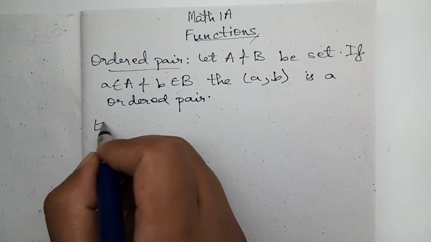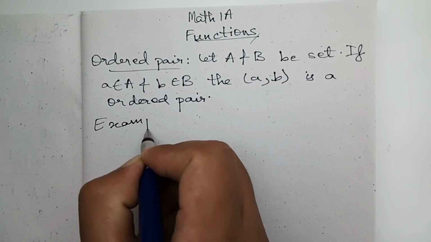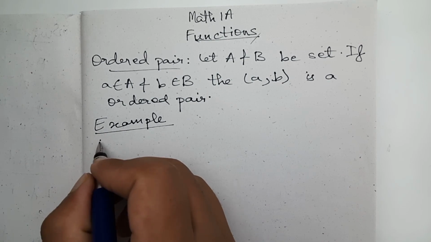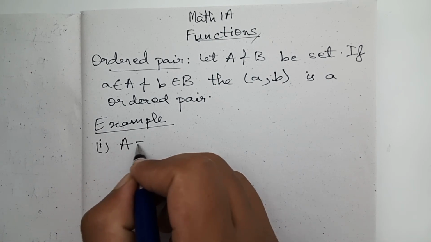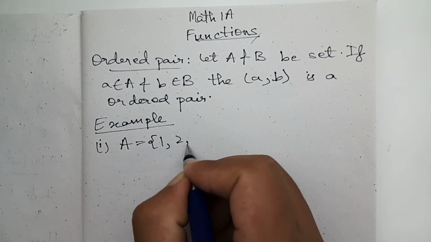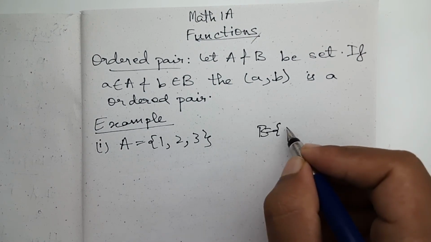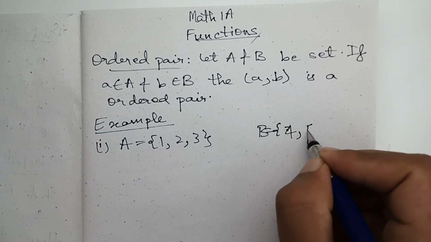For example, we'll take set A as 1, 2, 3 and set B as 4, 5, 6.